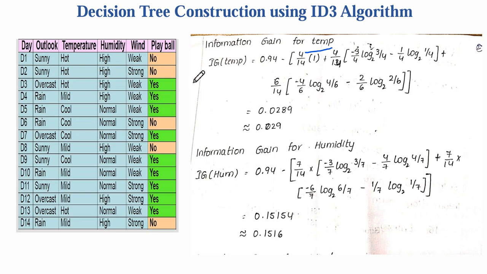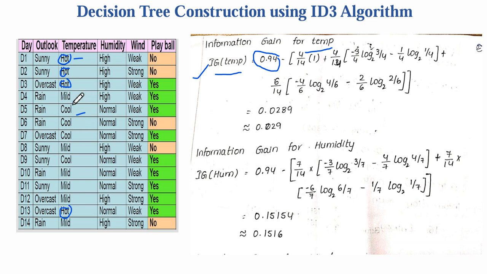Here I am directly using the formula. Information gain of temperature equals the entropy of the entire data set, that is 0.94. Now what are the values of temperature? Hot, mild and cool. Hot records are 1, 2, 3, 4: 4 hot records.